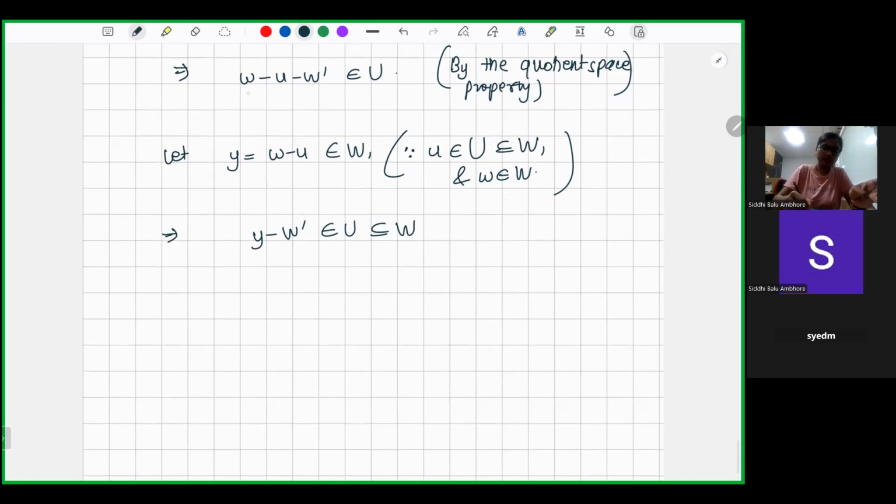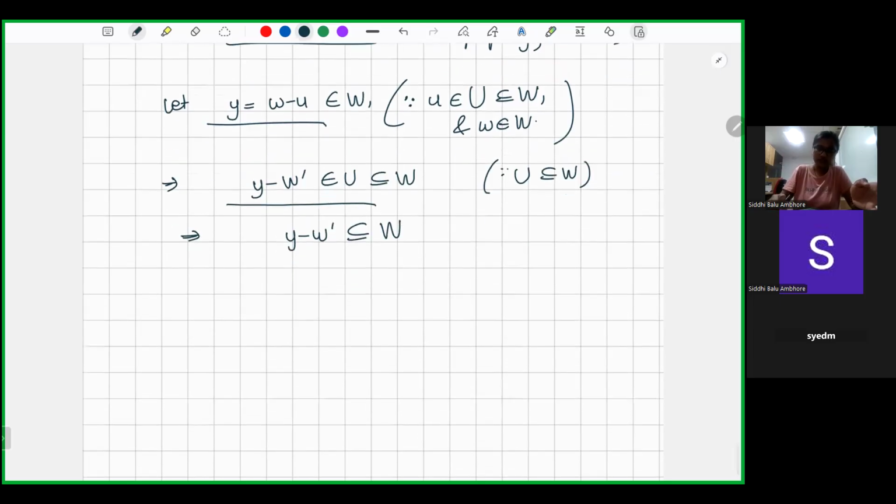So from here we have this. And from here, I'm just writing this as it is with different notation. And since U is contained in W, this is happening. So this implies Y minus W dash is contained in this space.